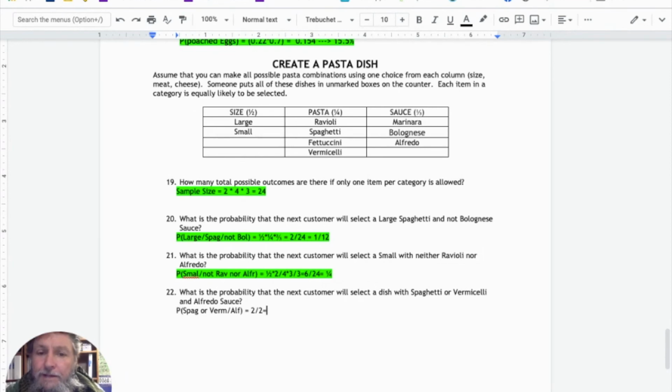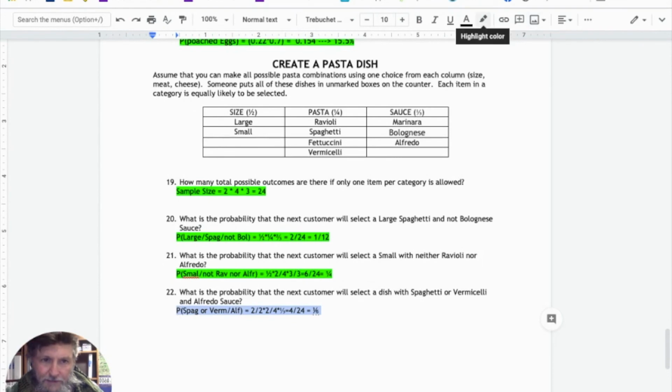The point of putting that in there is to make sure that we don't make a mistake. Spaghetti or vermicelli, there's 2 out of the 4 options. And then we're going to multiply by 3 out of 3 because we didn't say anything about the type of sauce. Oh, we did say Alfredo, not 3 out of 3, 1 out of 3, because there's only 1 option out of the 3 possible sauces. And so that becomes 2 times 2 times 1, which is 4, out of 2 times 4 times 3, which is 24. So 4 out of 24 is 1/6, and that's your answer for that problem.